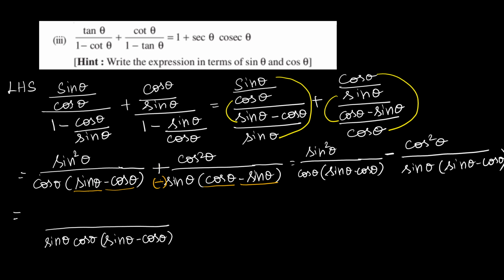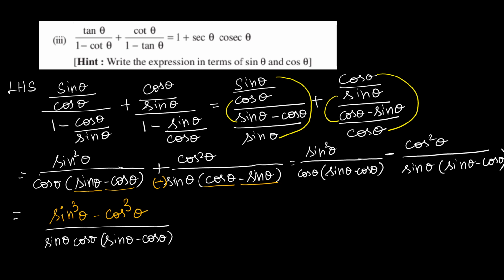So you have to multiply the numerator by sin theta, and sin square theta will become sin cube theta. In the same way, here sin theta is there, sin theta minus cos theta is there. What is not there? Cos theta. Multiply the numerator by cos theta, cos cube theta. So what is the answer? Sin cube theta minus cos cube theta, right?